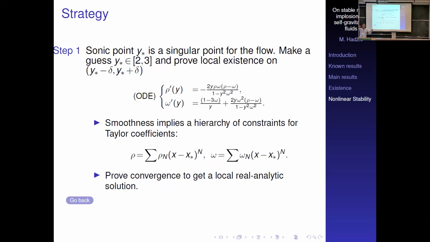If you want to have a smooth solution, the numerator better vanish at the same point. This creates a hierarchy of consistency relations that you then have to satisfy. So you write that down, and you write some recursion for rho n and omega n, and the goal is to prove that this converges. If you want to sound fancy, this is a combinatorial argument, hence the terminology ugly. It's a lot of work.